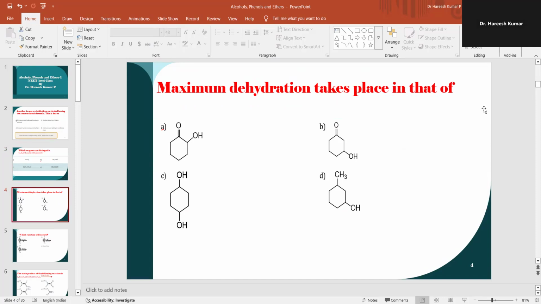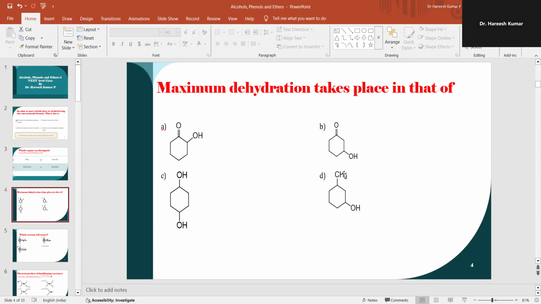Maximum dehydration takes place in 2-hydroxycyclohexanone. It is the right answer because enol formation is possible in this. Here there is a CH2 in between, so that's the reason this has less possibility of dehydration.